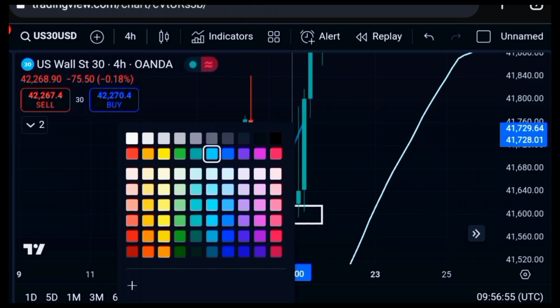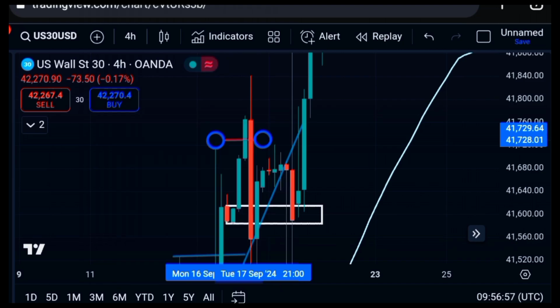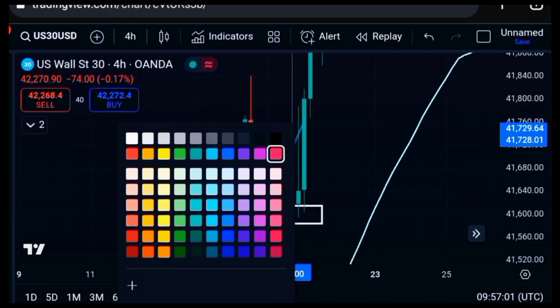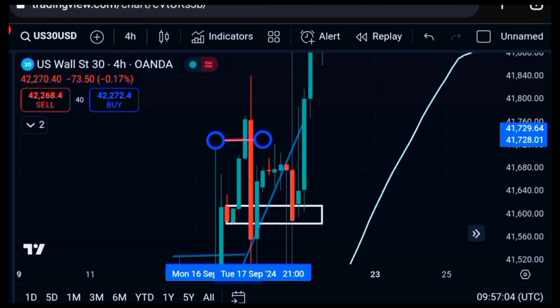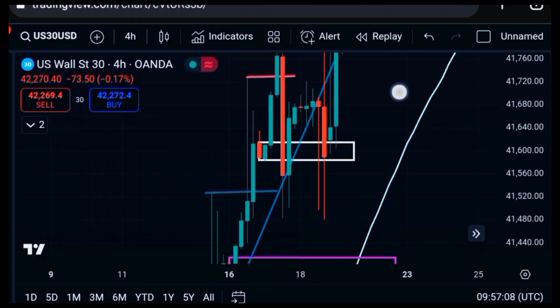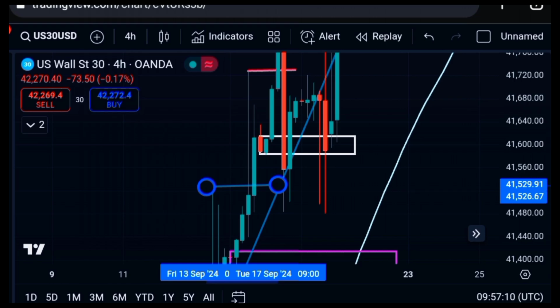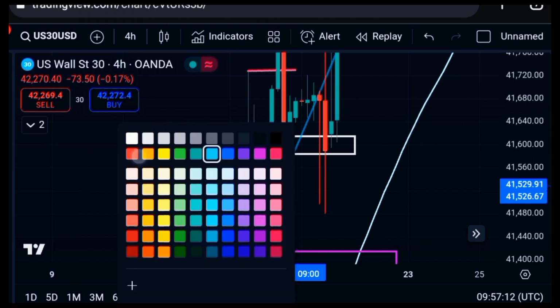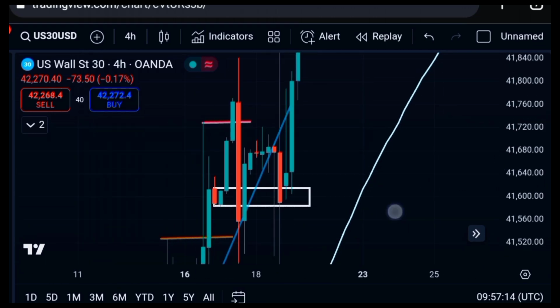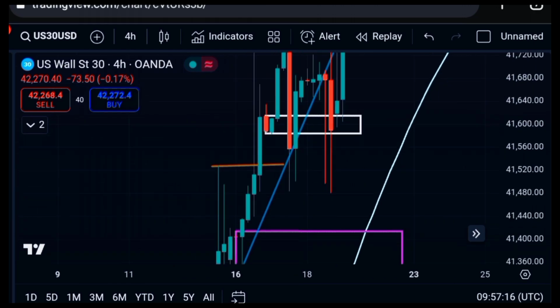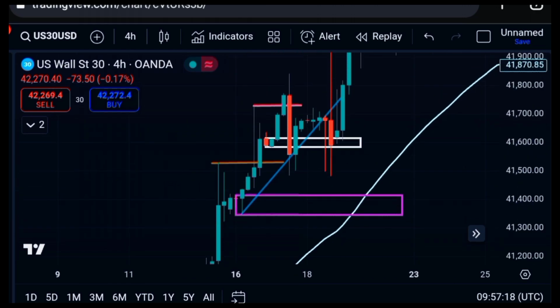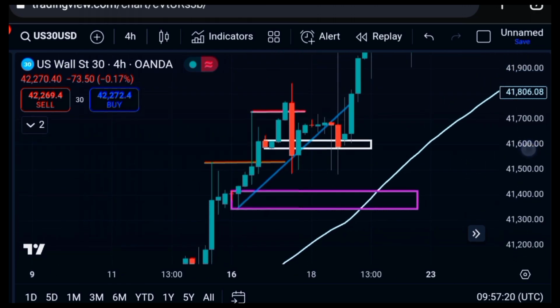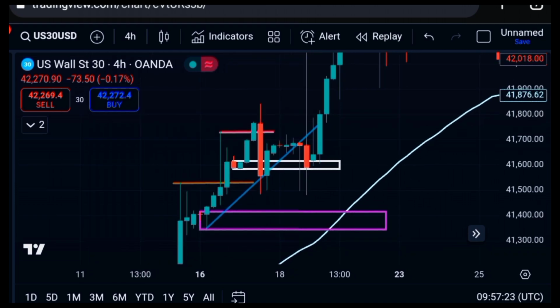Let me change this so it can be different. So this high right there, if you are using a trend line, you can use everything to make sure that it gives you a clear picture whenever you are trading.